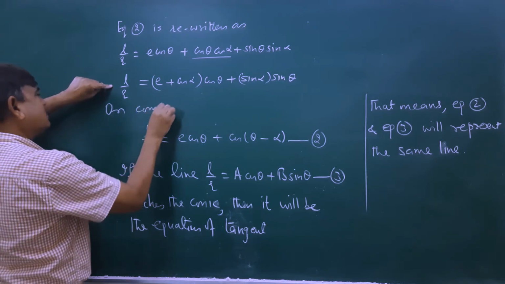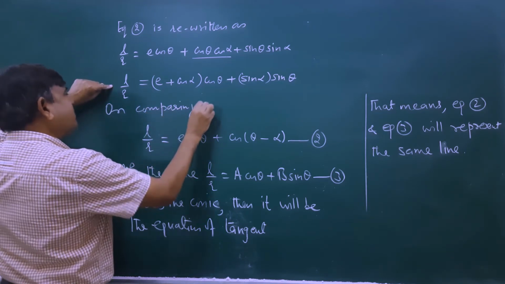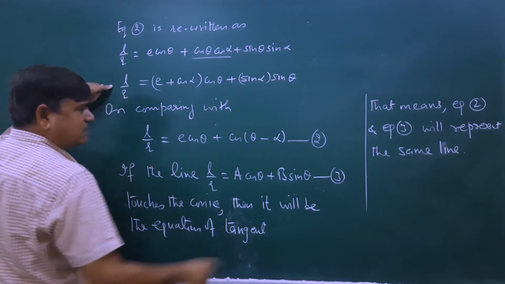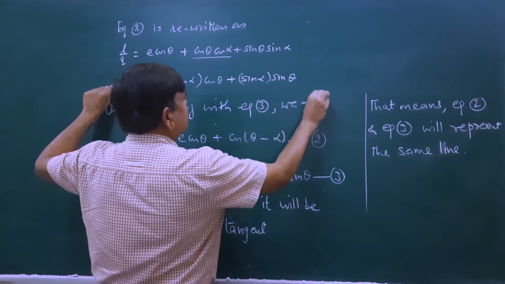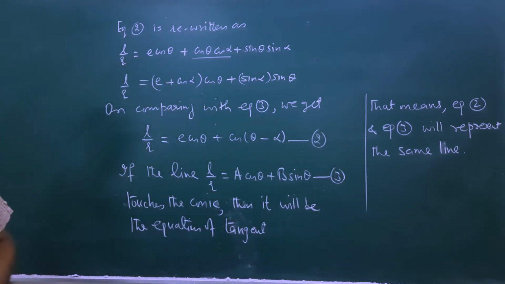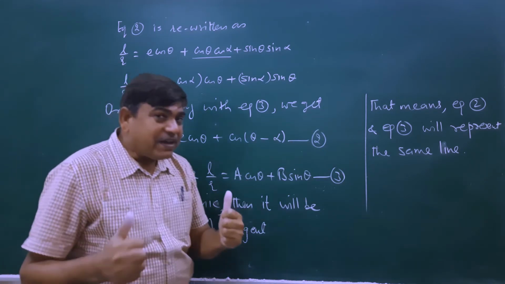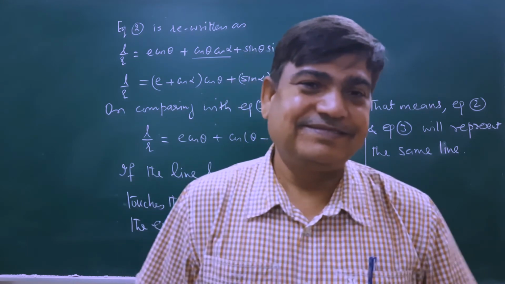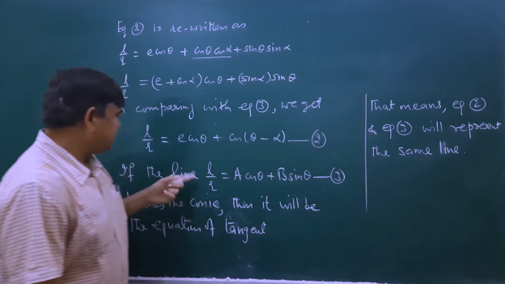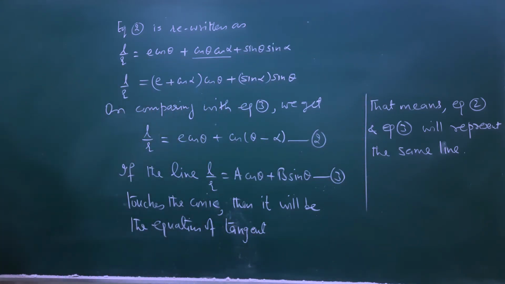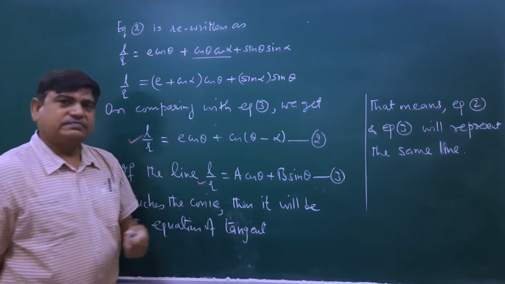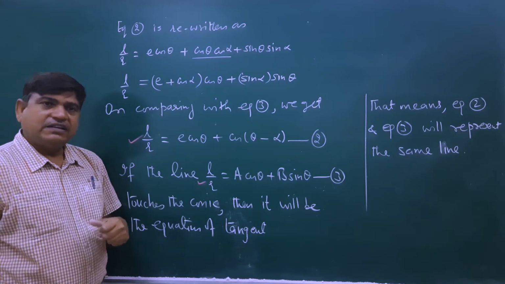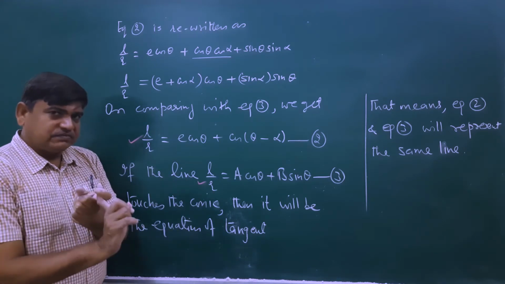On comparing with equation number 3, how to compare? The left hand side L upon R is identical on both sides, so this upon this will be 1.